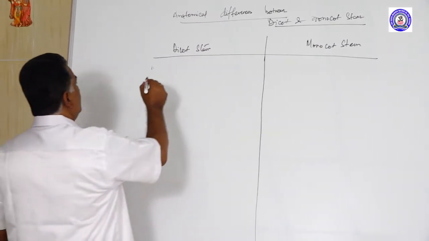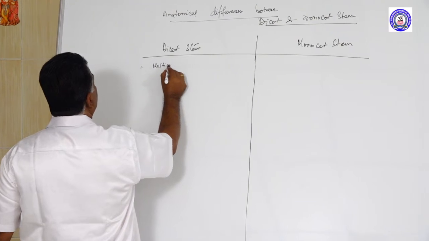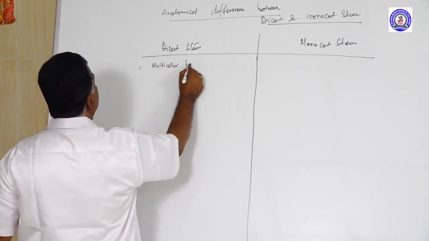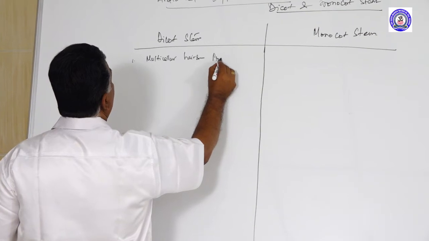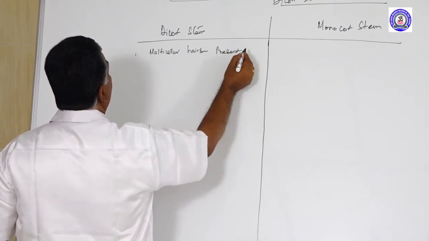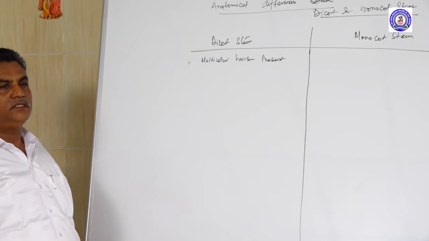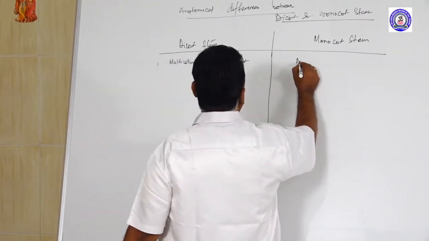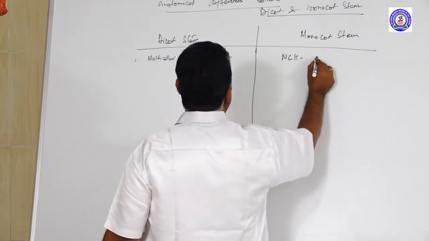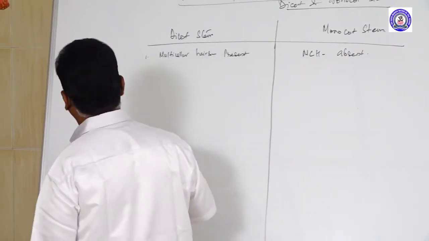See, multicellular hairs are present in dicot stem. In most of the dicot stems, multicellular hairs are present, and in monocot stem, multicellular hairs are absent. This is point number 1.